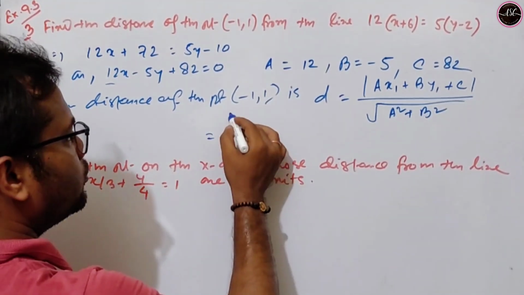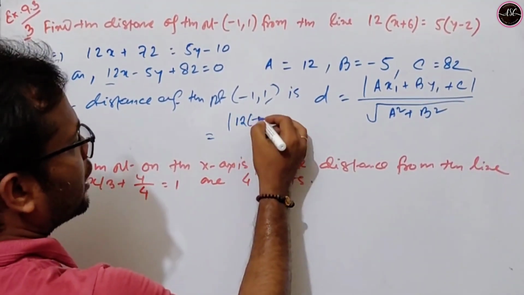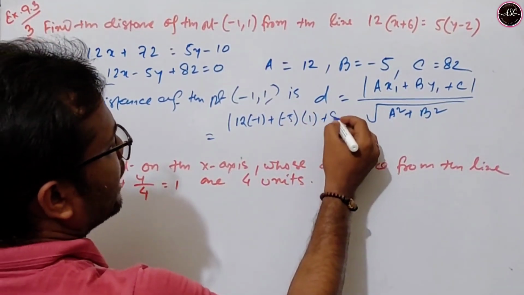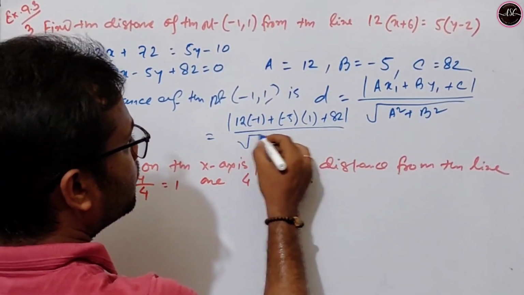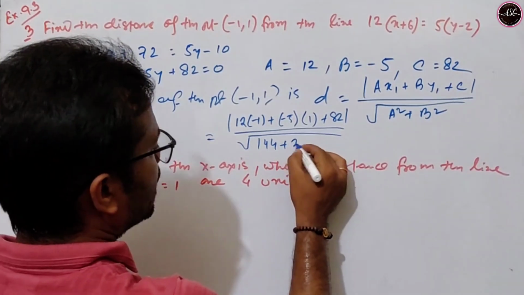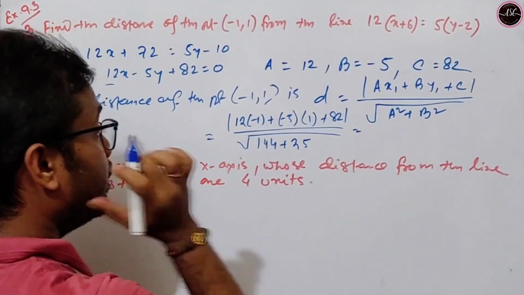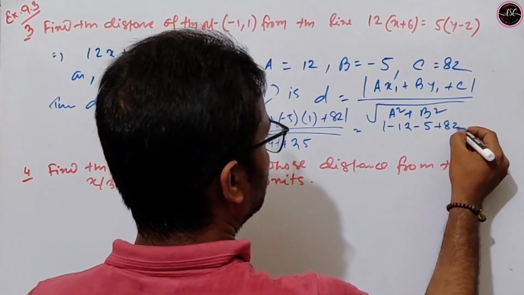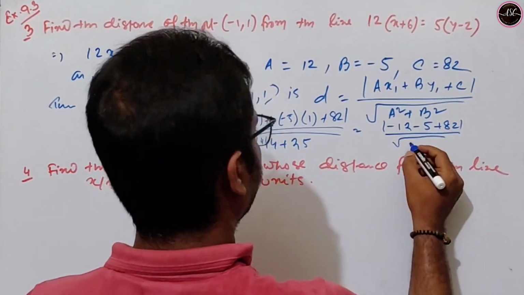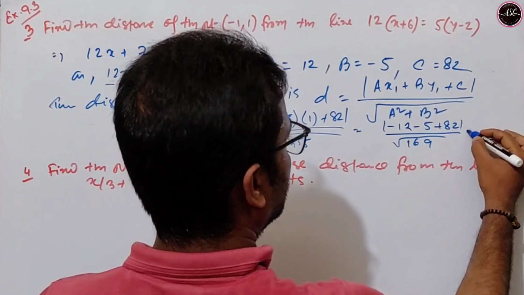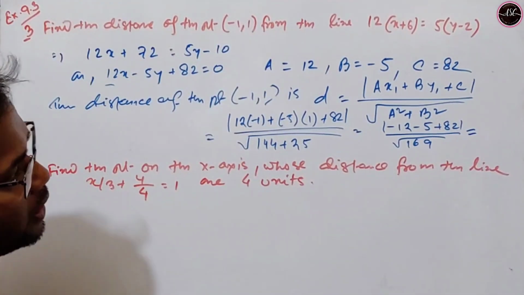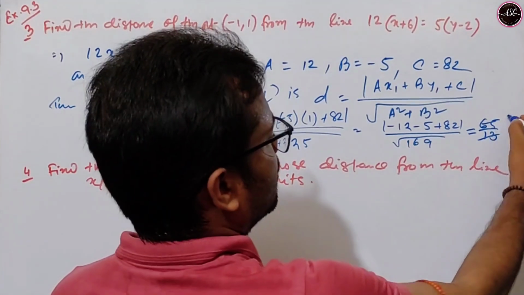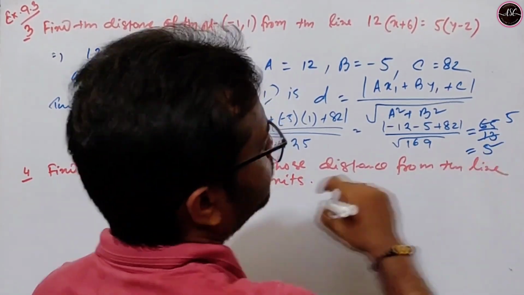So just put the values: mod of 12 into minus 1 plus minus 5 into 1 plus 82, divided by root of 144 plus 25. So this will be mod of minus 12 minus 5 plus 82 divided by root of 169, equal to 65 divided by 13, that means 5. That will be your answer.